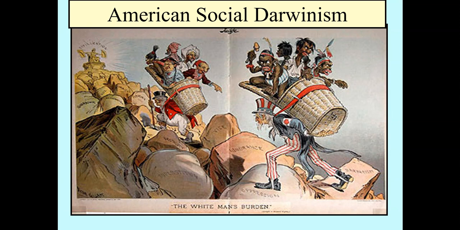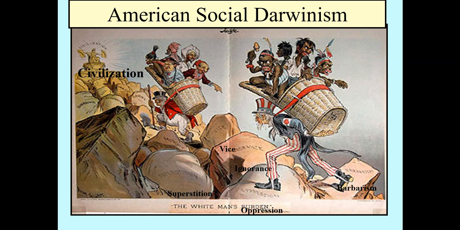And here you have a political cartoon of American social Darwinism, in which you see Uncle Sam carrying primitive people, indigenous people, African Americans, all the way to the top of the mountains, which is like the peak of civilization, this high sort of civilization.